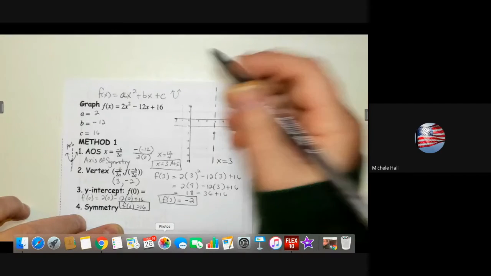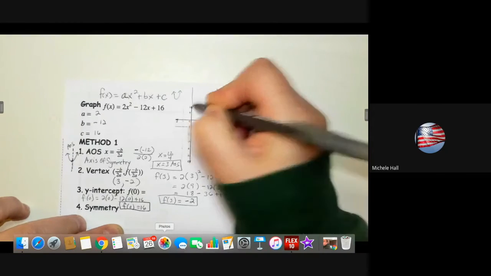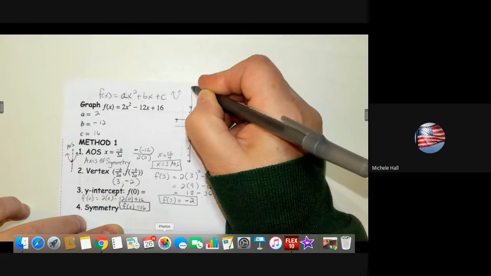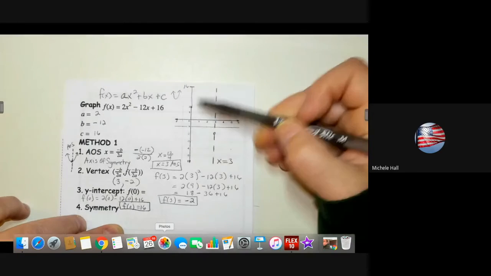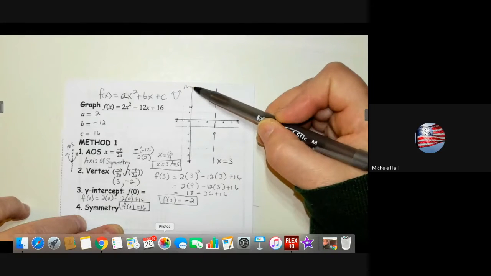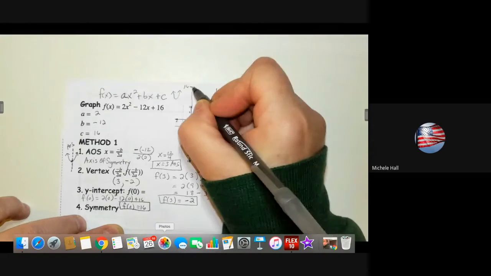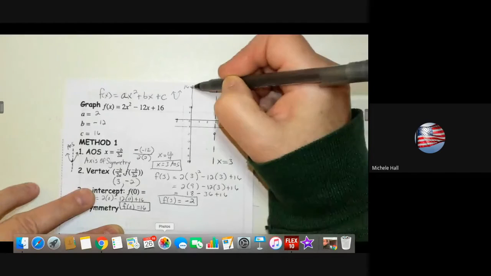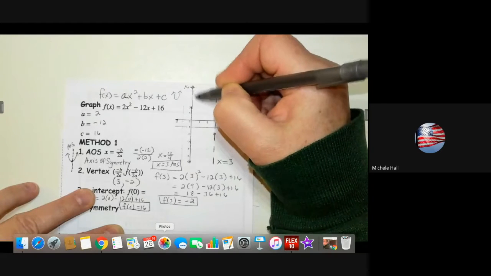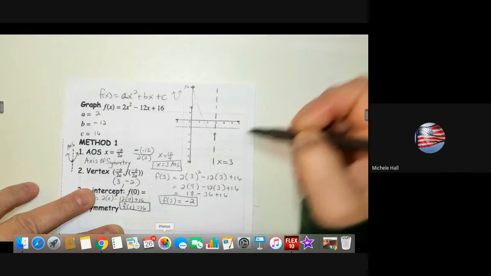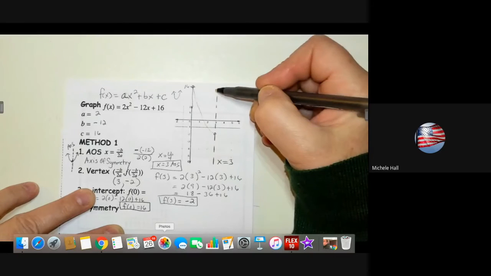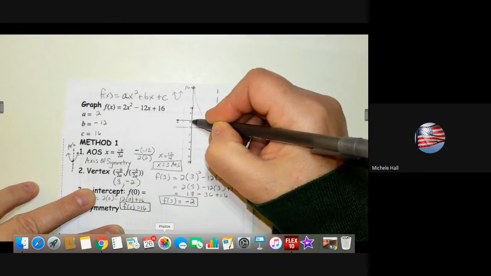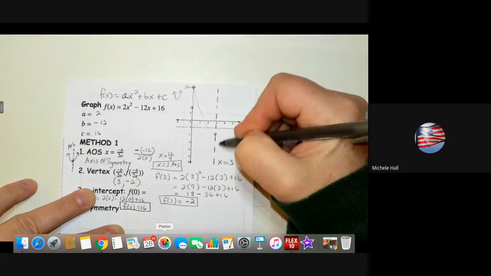Okay, my graph. I'm going to put that 16 up here on my graph. There is 16. That means that I can see half of the parabola, and I can see that 16 is 1, 2, 3 units away from the axis of symmetry.